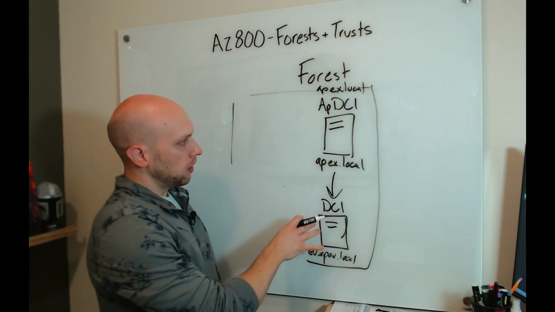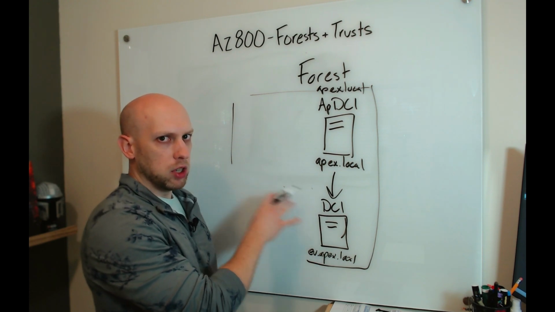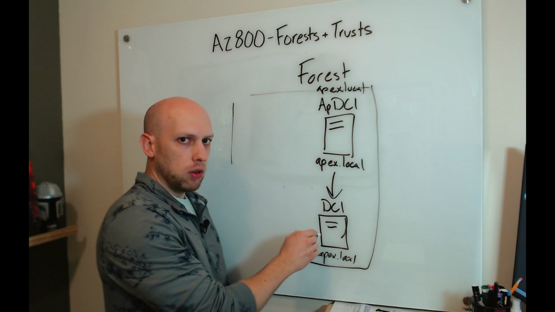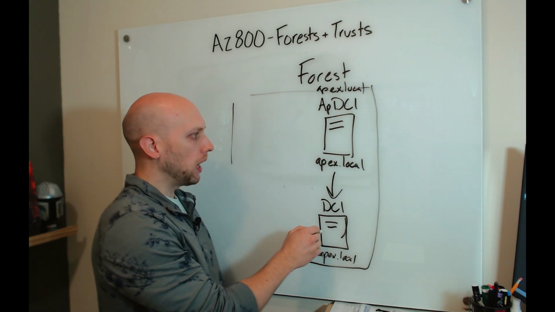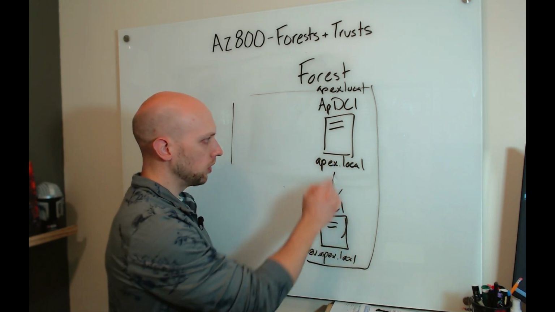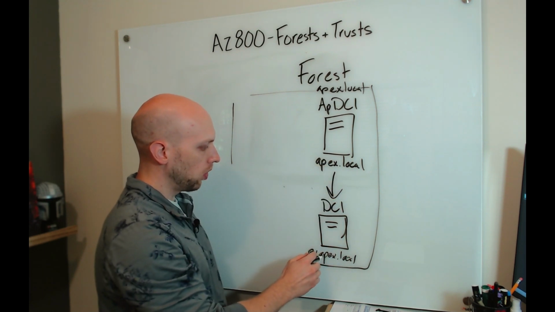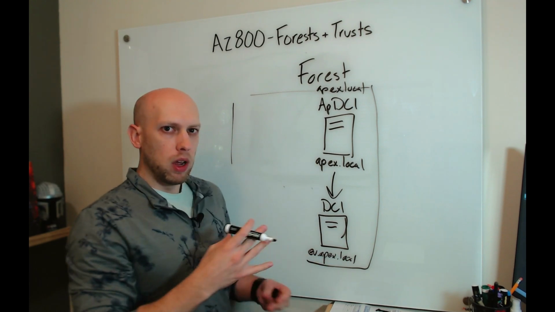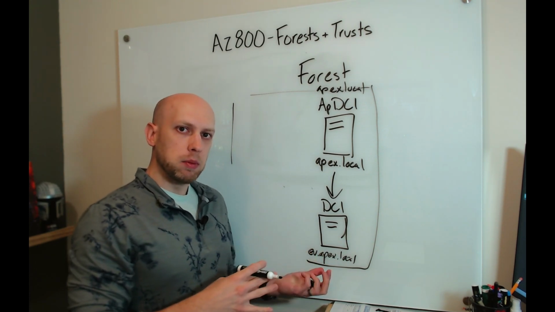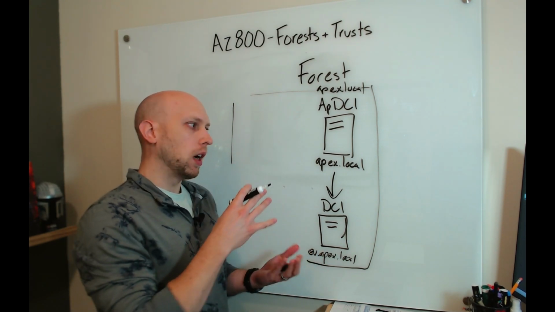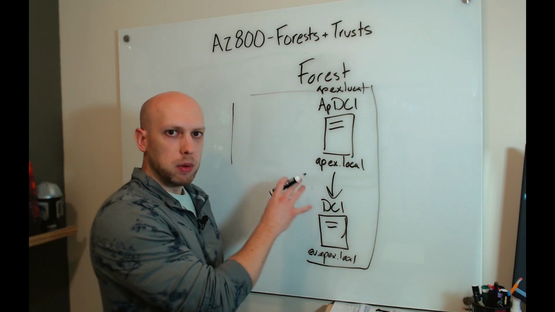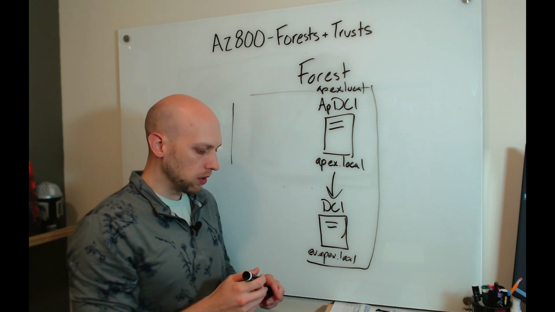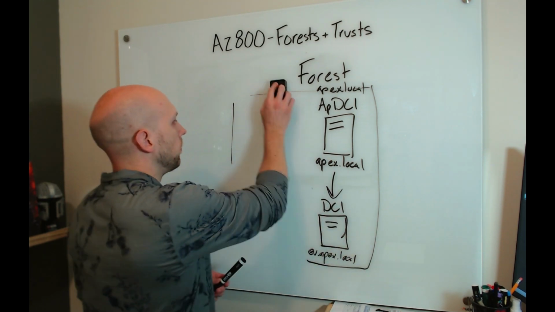Now, it's still similar from a permission-wise perspective as the tree domain, but the difference is every user or resource from here will be able to resolve apex.local because it's a parent domain. So any resolution would go check here. If it doesn't exist, go here automatically. So it's a lot more native, intuitive from a DNS perspective on how things work. This is what we're going to be setting up in our lab today, is a child domain setup versus a tree domain setup.